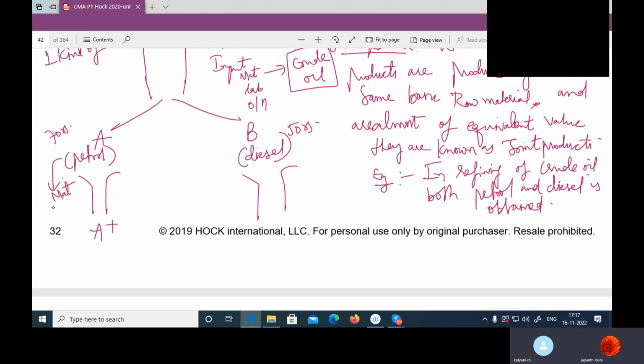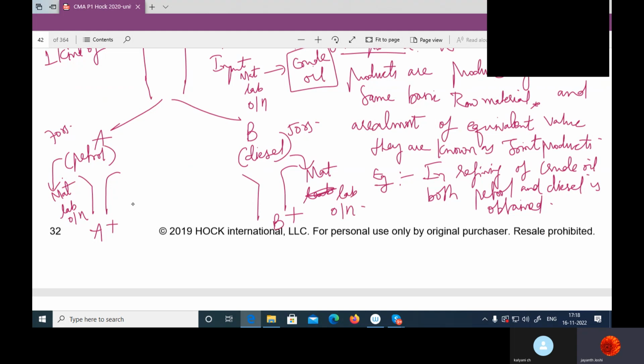If you are further processing this petrol, refining it or mixing it with some other chemicals to make some product, the material will be petrol, then labor, then overheads. It is separate. Then if you want to process this diesel and make some product, diesel will be the material, and then there will be labor and overhead.